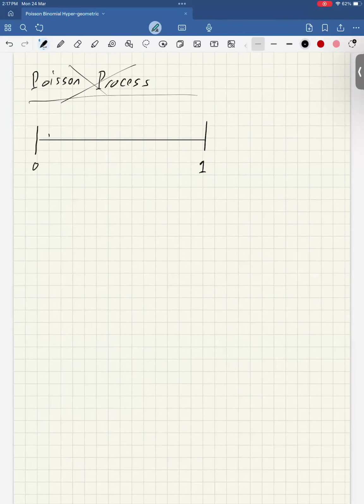At first, you decide to split that time axis, say you're looking for 1 hour at the sky, and you break it up into n bits. And in each bit, you ask, do I have a shooting star or not? So do I have a success or not? The success probability in each of the n bits is going to be p, and the number of shooting stars will indeed be distributed binomial(n, p).